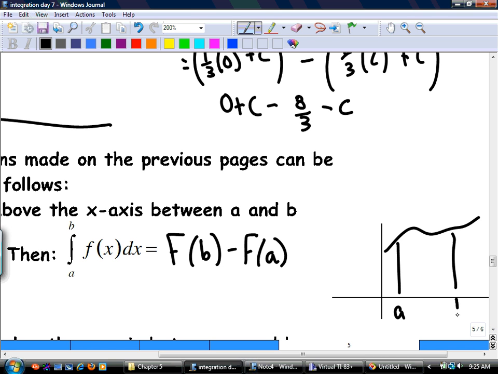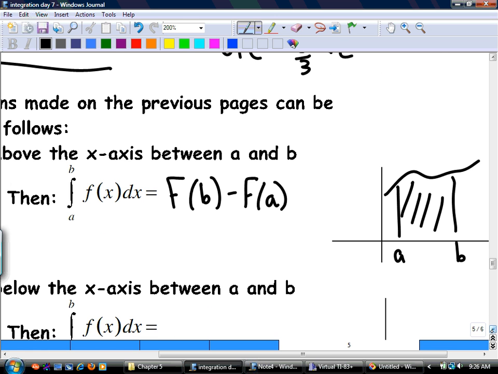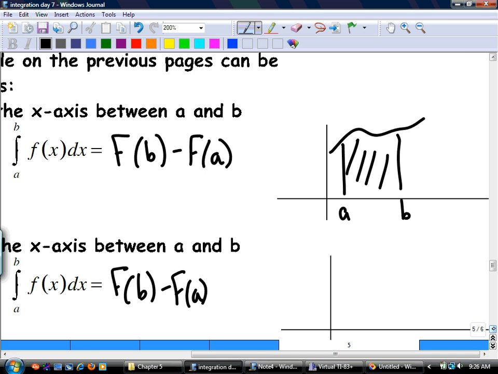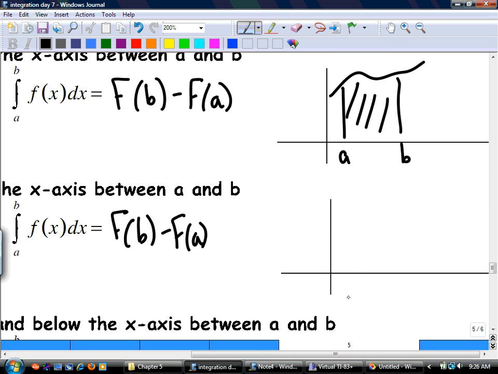If the area is below the x-axis, it's still F of b minus F of a, but tell me about the answer. The area here is going to be negative area. So you can go and scare your grade 8s that you're helping with math.